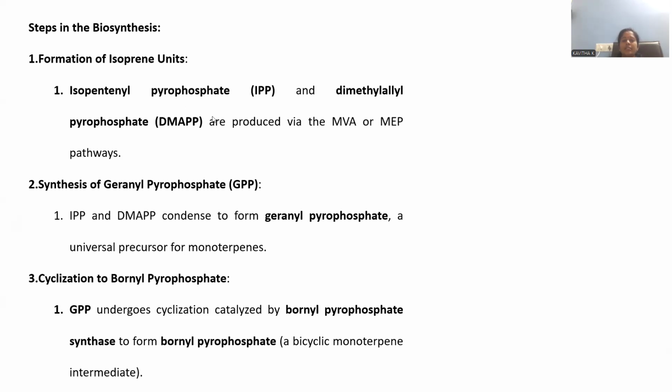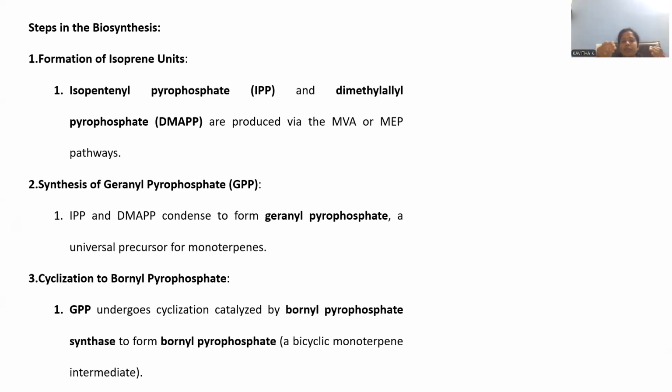Whenever we have synthesized these materials, the next step is to generate GPP. GPP stands for geranyl pyrophosphate. In order to prepare geranyl pyrophosphate, IPP, that is isopentenyl pyrophosphate, and dimethylallyl pyrophosphate are both used to condense.